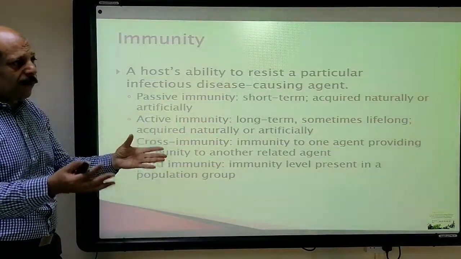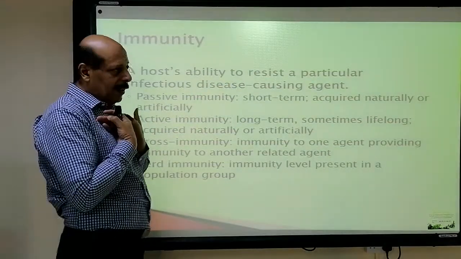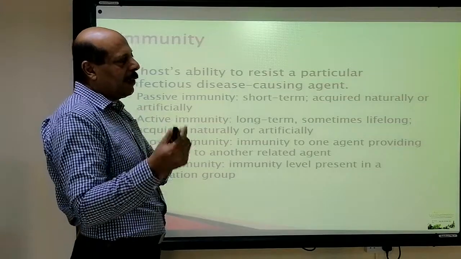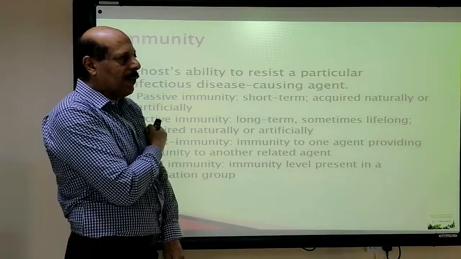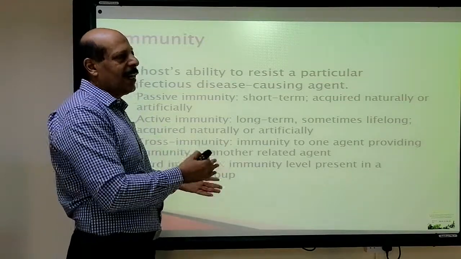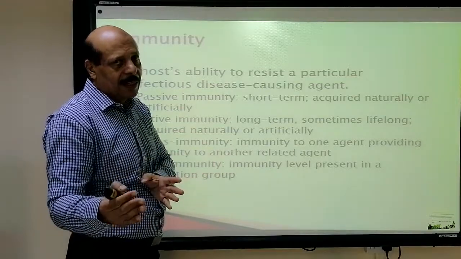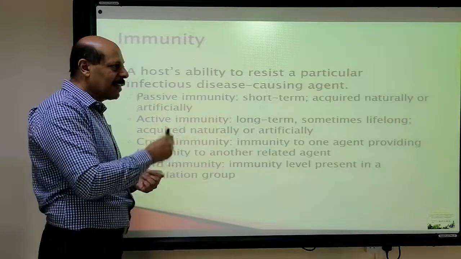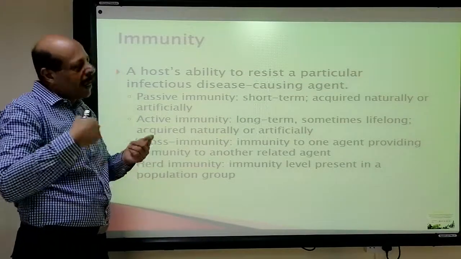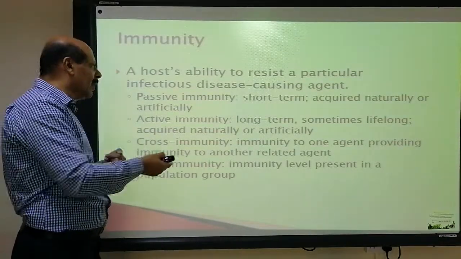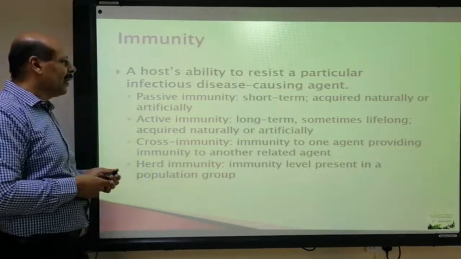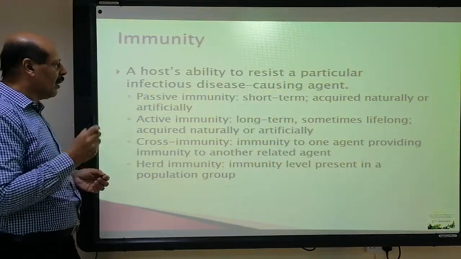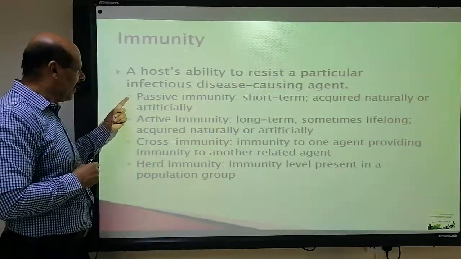So if I have immunity against a certain disease, if I got the vaccine for measles, in this case I will have immunity against this disease. So if the organism enters my body, the antibody which is there in my body will resist the multiplication of that organism inside my body.